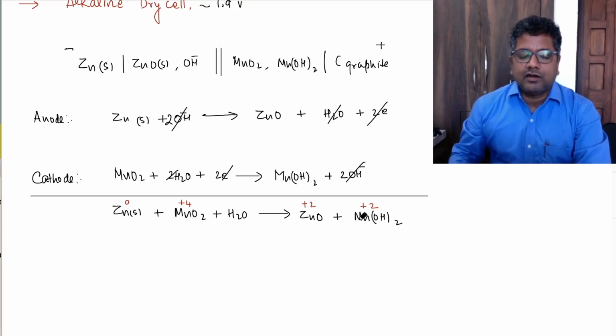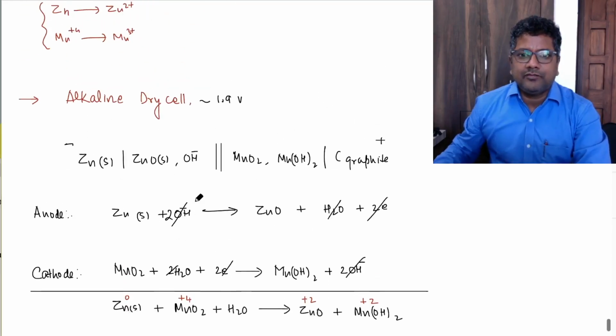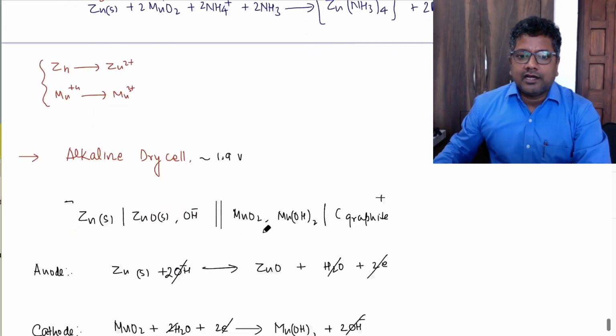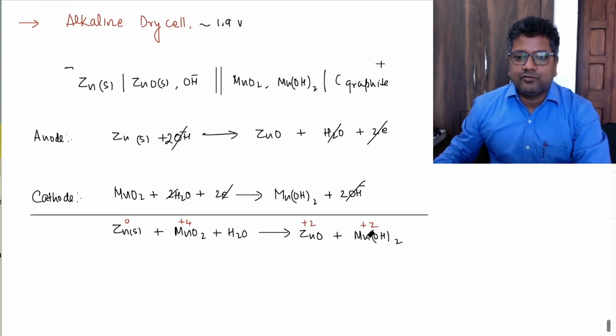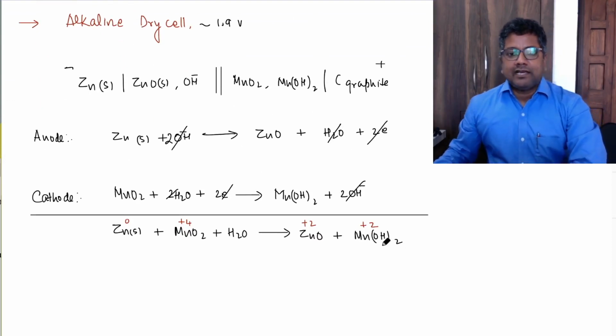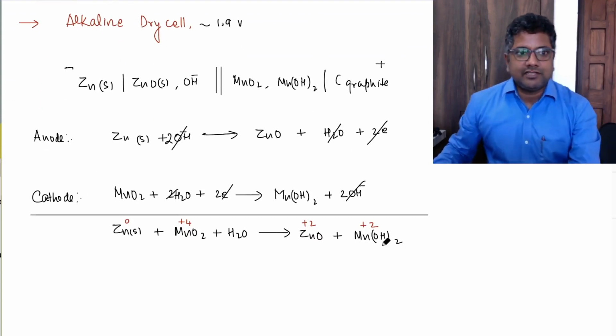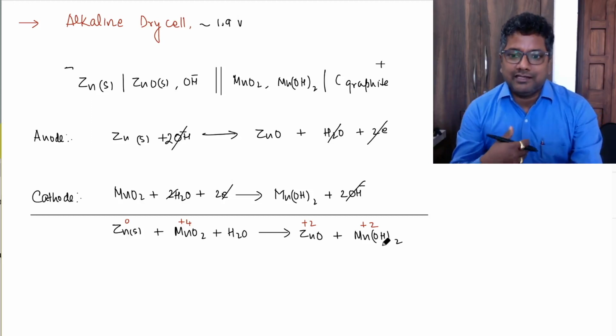So a little bit of difference is there. See, here plus 4 to plus 3 is going, and here it is from plus 4 to plus 2, right? And the shelf life of this cell is much larger than the simple dry cell.